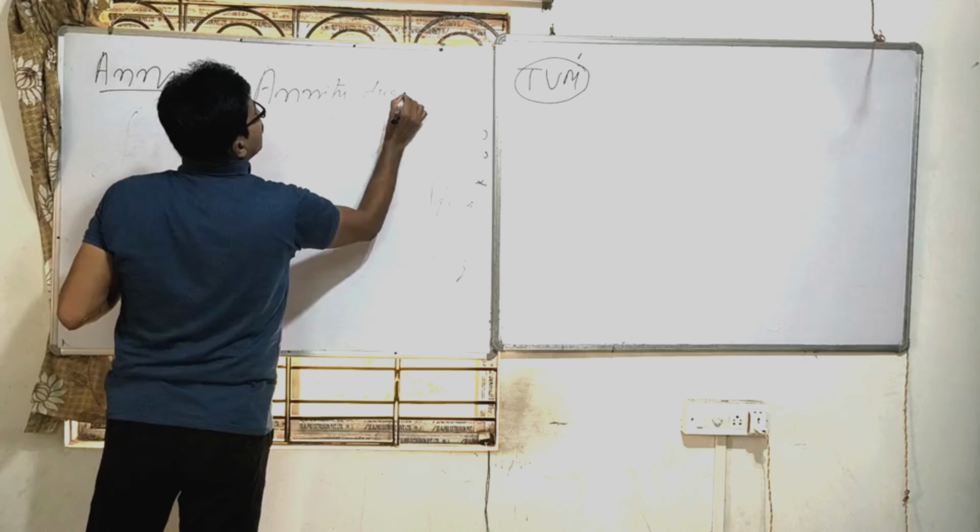So in one year you are paying, suppose, 1,000. The next year also you are paying 1,000. Third year you are also paying 1,000. Fourth year also 1,000, and fifth year also 1,000. So this is ordinary annuity.